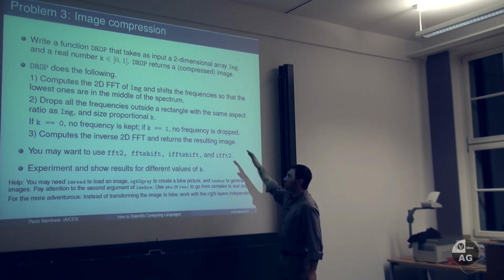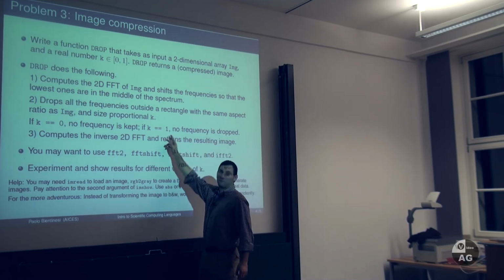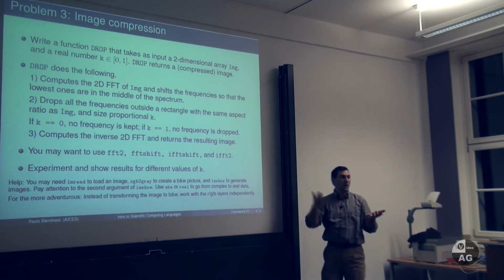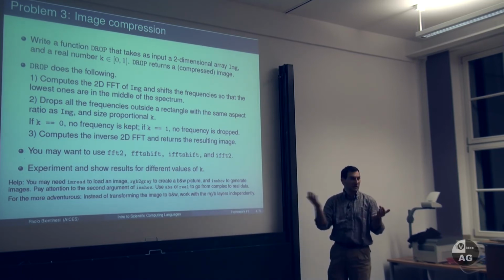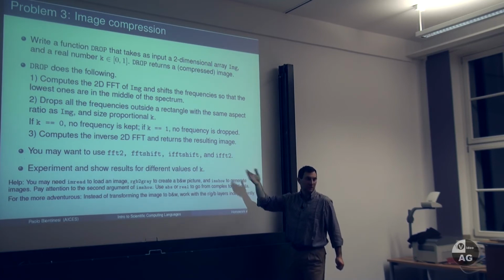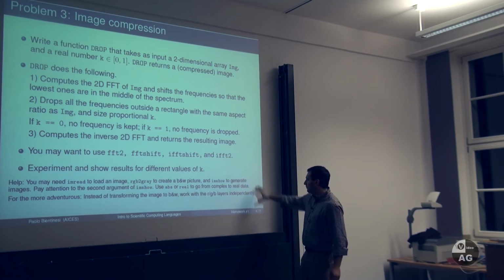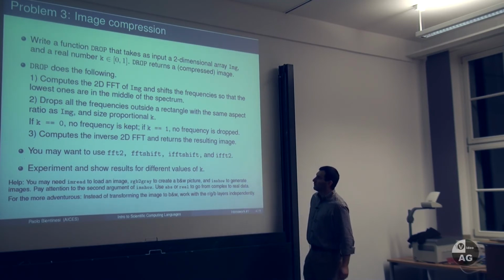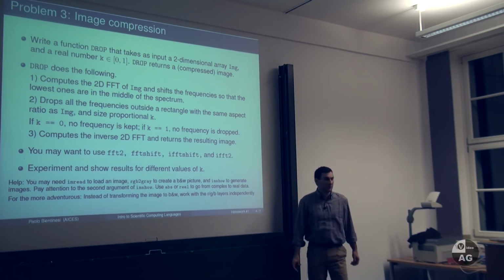I want you to experiment with different values of k. So I want you to show when an image starts losing quality. Then you can create a PDF document. I put down here how to read an image, how to play with these things. So I hope that now everything is clear.